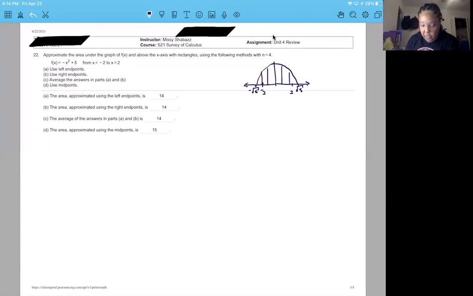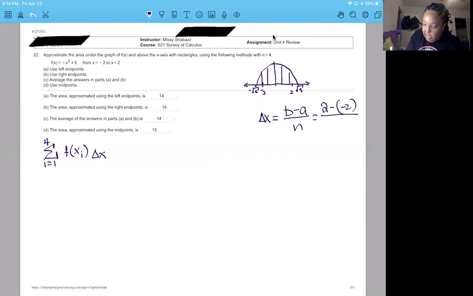So if I start with the left endpoint, remember what we're going to do is find the sum from i equals 1 up to 4 of f of xi, change in x. Our change in x, remember, is b minus a over n. So my b is 2, my a is -2, and divided by 4. So I get 4 over 4, which is 1, which is convenient.